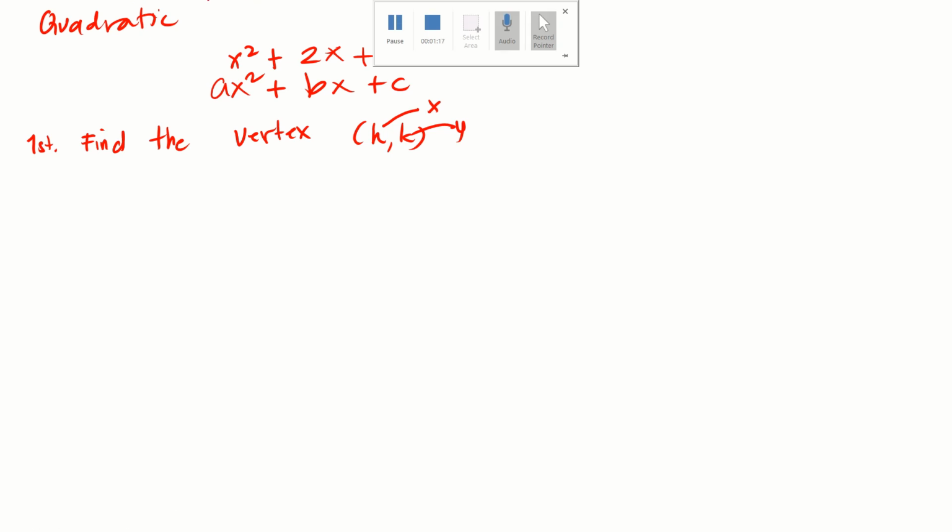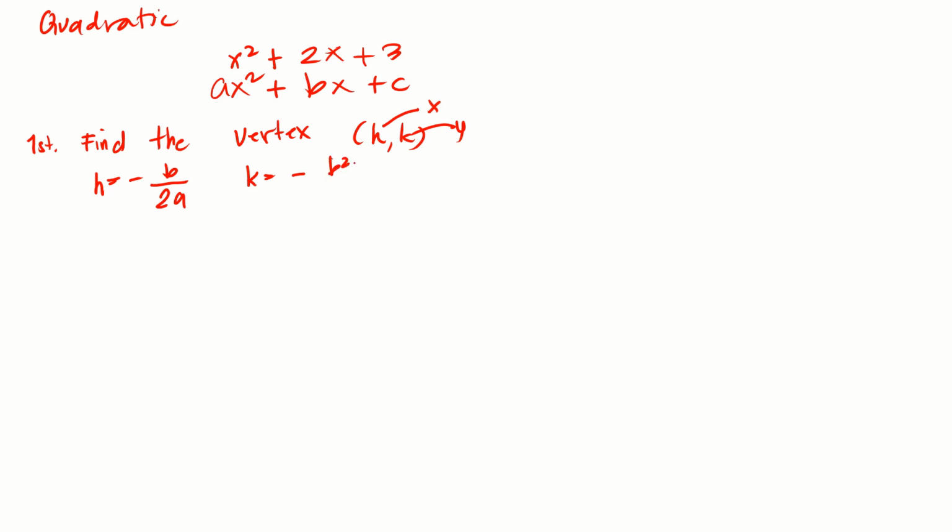The formula for h is equal to negative b over 2a, and the formula for k is equal to negative b squared minus 4ac divided by 4a. We can just look for the value of h and then use the given equation to solve for k, or we can use both of these formulas to solve for h and k.